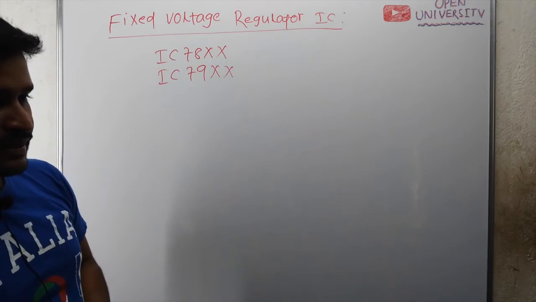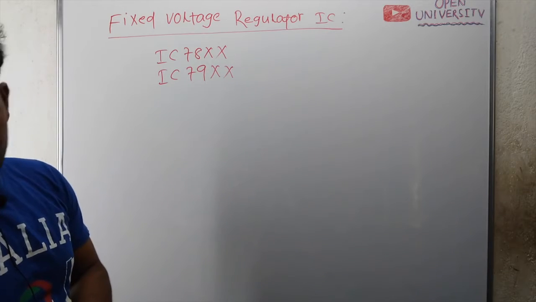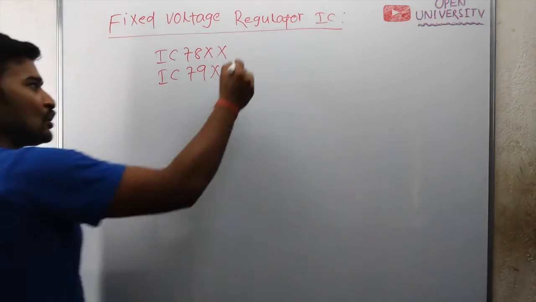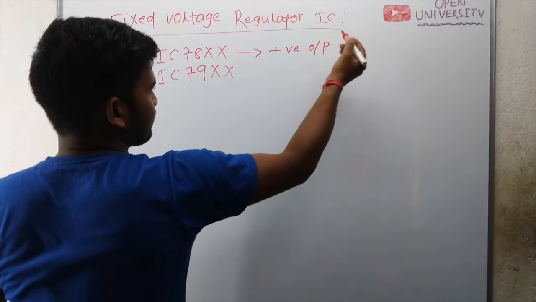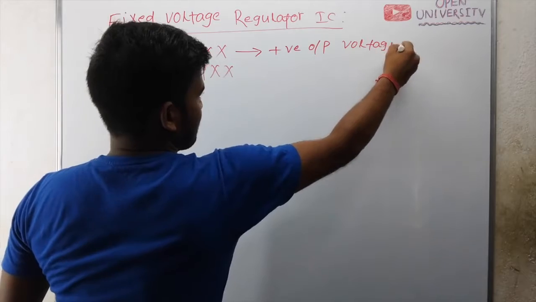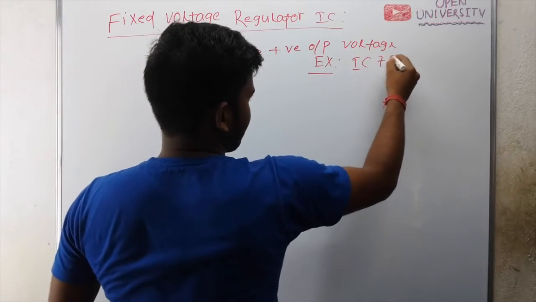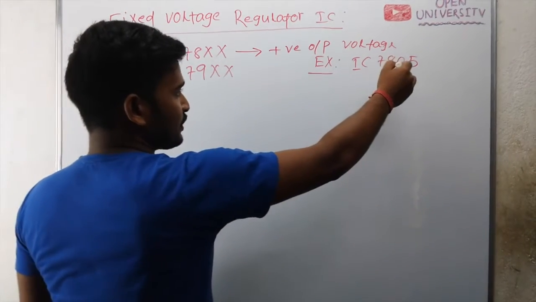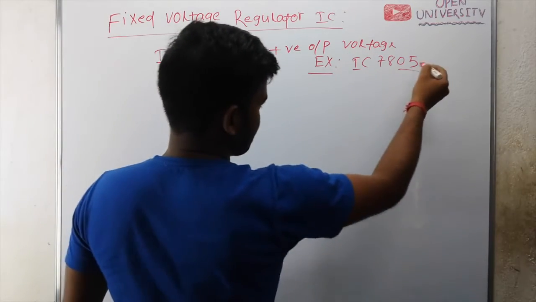IC78XX provides positive output voltage. This IC will provide positive output voltage. Example under this you can write IC7805. That means this IC will provide a voltage of XX, meaning how much output voltage it is providing.